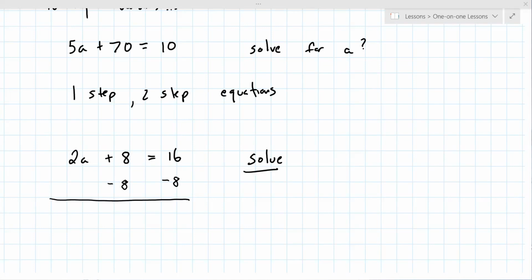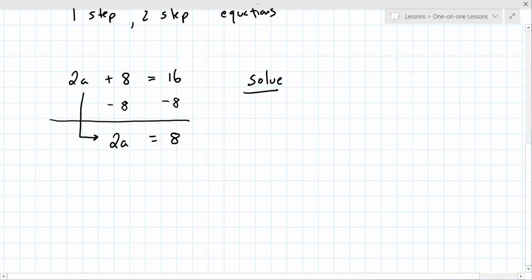Do you see what I'm doing here? Yeah. And then 2a comes down, and on the right-hand side, it's 8. Have you seen this before? That's kind of what I'm asking. No, I have not.